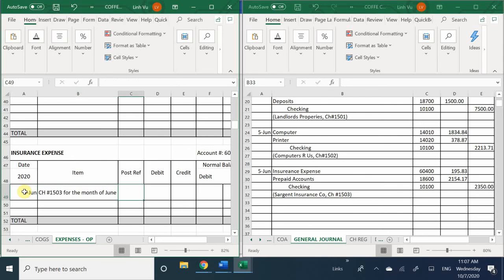Post reference is going to be your general journal number 1. Debit for the 195.83. Therefore your debit balance should be 195.83.